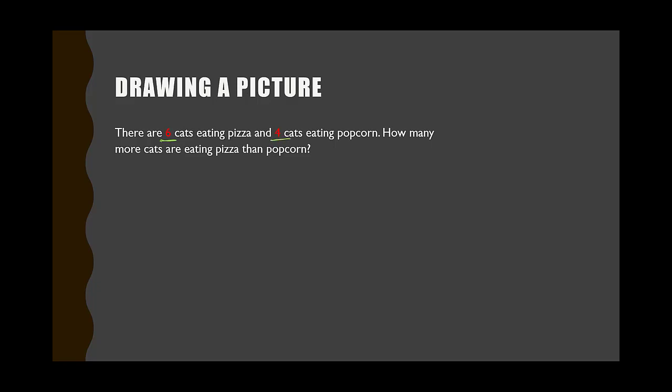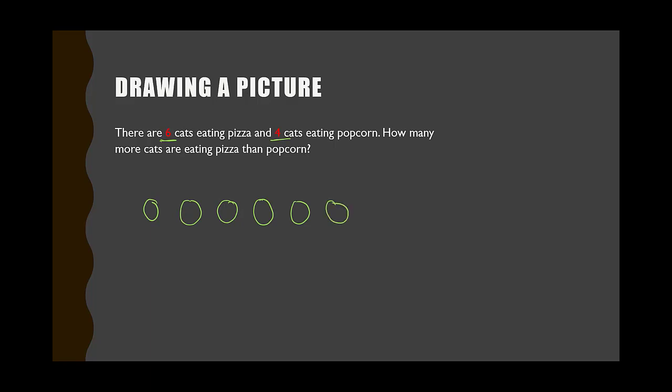How many more cats are eating pizza than popcorn? So you can draw both groups. You can say, okay, so there's 6 cats eating pizza. I'm going to draw a circle for each cat that's eating pizza. 1, 2, 3, 4, 5, 6.